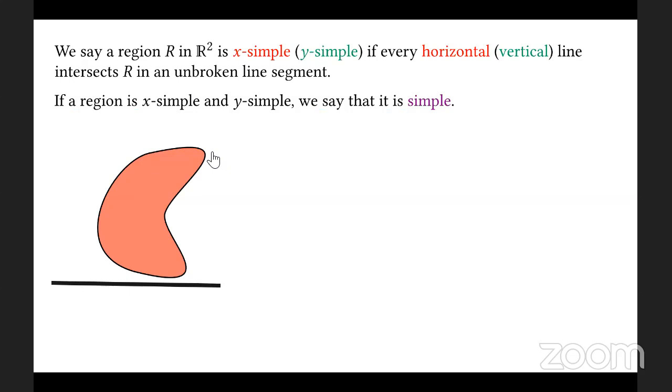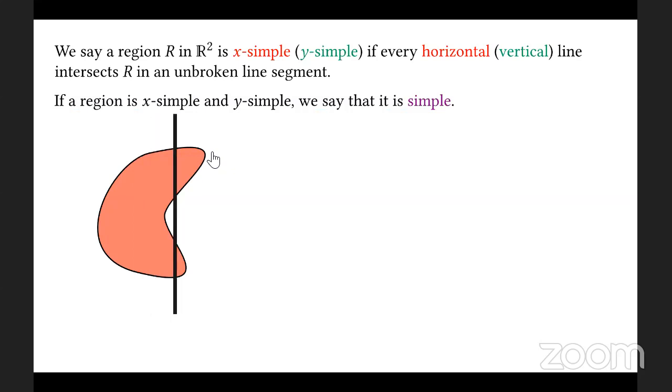horizontal lines over this. Okay, so it looks like everywhere it's intersecting the region, it's intersecting it in an unbroken line segment, right? You see where it's intersecting the region? It's the place where the red and the black segment overlap. So it looks like it's unbroken. Now, intersect it with a vertical line, and it's unbroken, unbroken, unbroken.